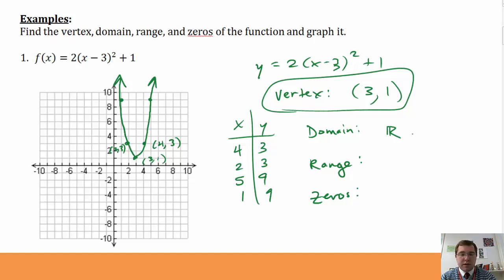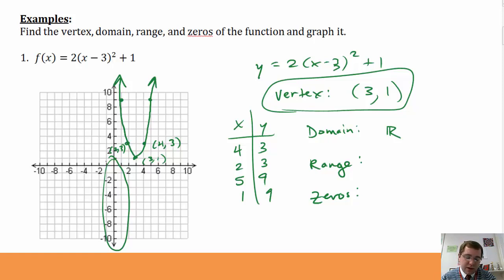The range, though, is not all real numbers, because there are numbers for y that I will not ever get no matter what I plug in for x. And I can see that from the graph, because anything below my parabola, anything down here, for example, on the y-axis, I'm never going to get. Those are y values I will never get. My graph has no points below the vertex. So the range is determined by the vertex.